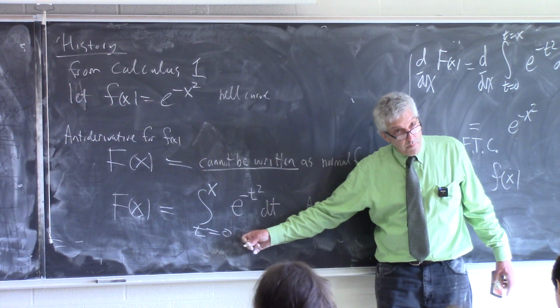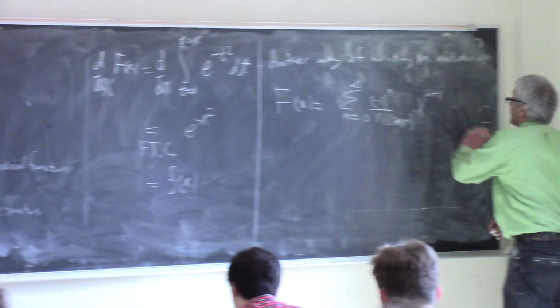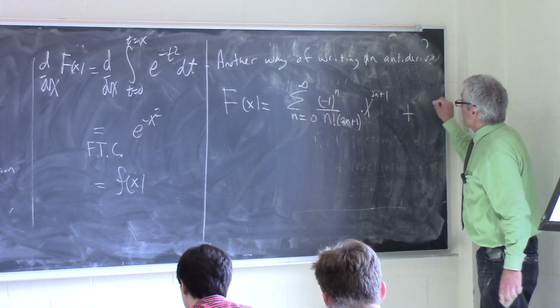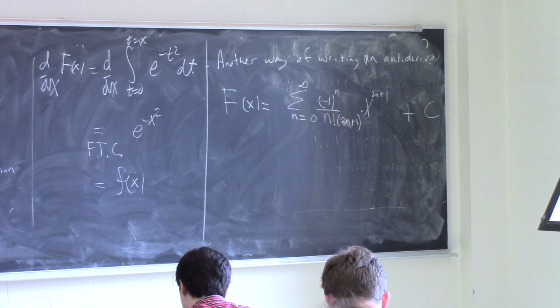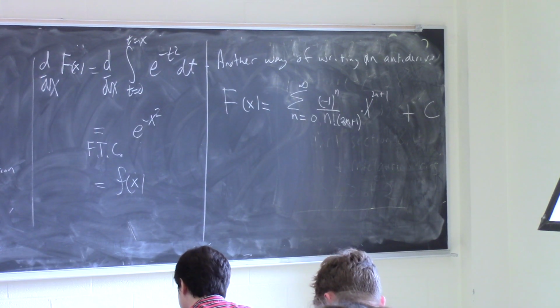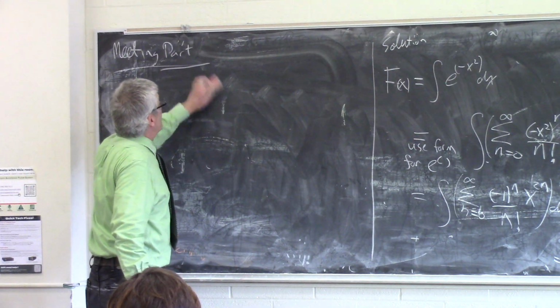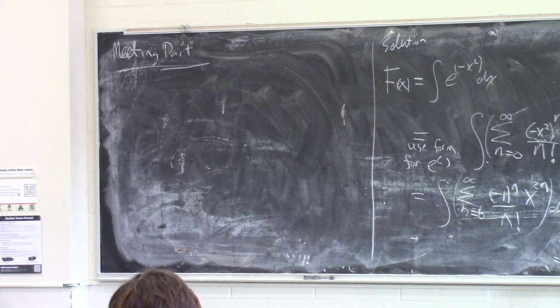So this is one particular antiderivative. The general antiderivative would have a plus c there. So it's a really cool, really rich problem. All right. So again, that was not the hardest problem, but it's maybe the most interesting because it's so rich and it makes you remember how much fun Calc 1 was.